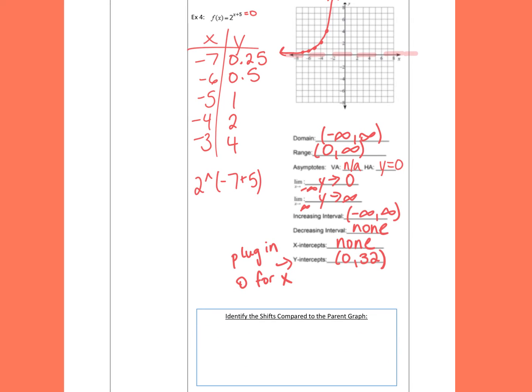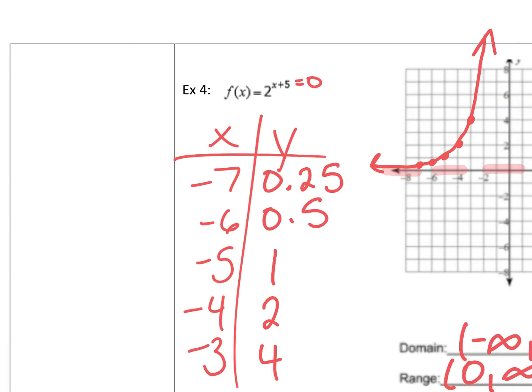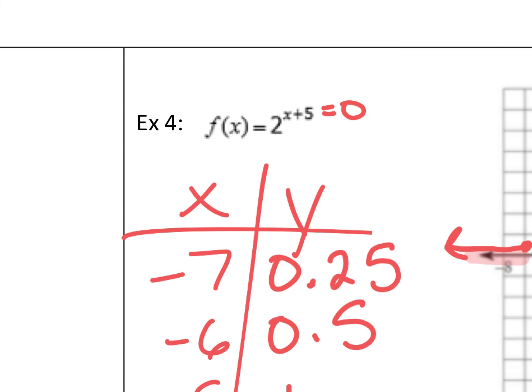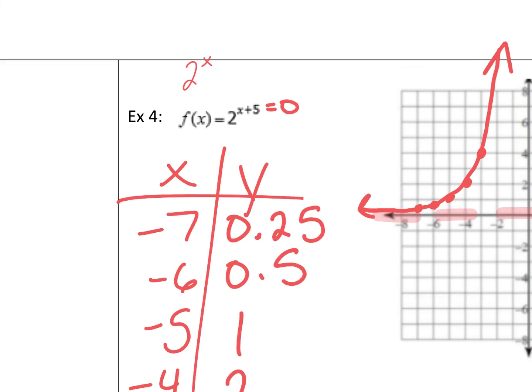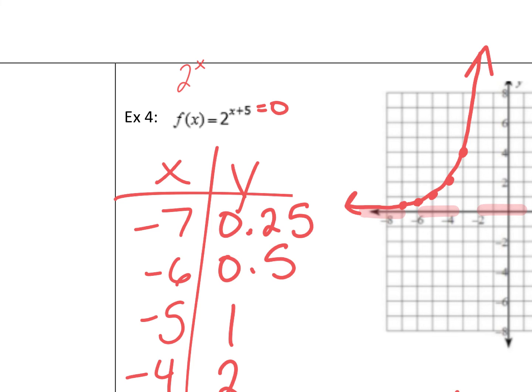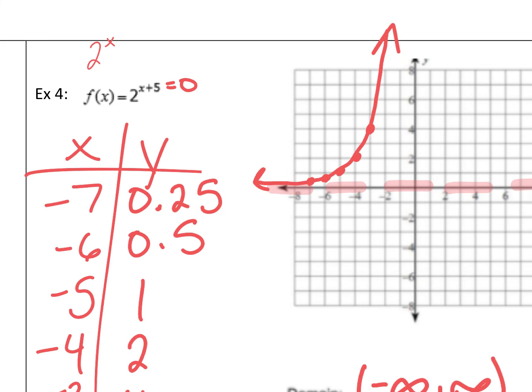Okay, and then lastly, identify the shifts compared to the parent graph. What would the parent graph be on number 4? What's the base? 2, just to the x power if it's a parent graph. So what did we do here? We had a +5, which told us that's our H shift, right? Which meant to go left. How many? 5. Does it look like that graph shifted left 5?